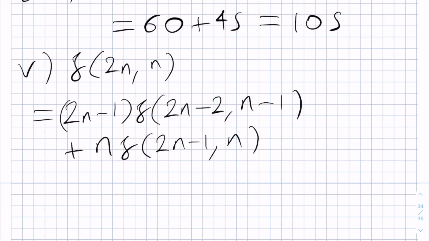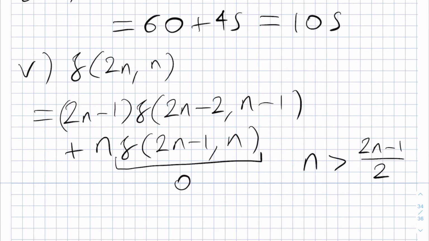However, this second f here is equal to 0 because n is strictly greater than (2n minus 1) over 2, which is n minus a half. And so certainly n is strictly greater than n minus a half, and therefore this f is equal to 0. So we just get this thing here.